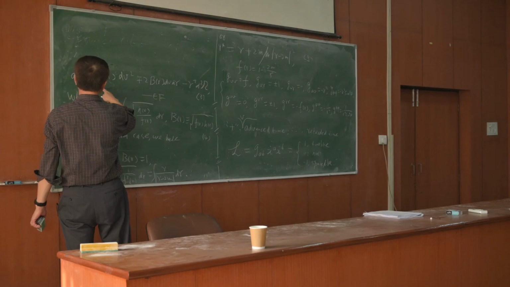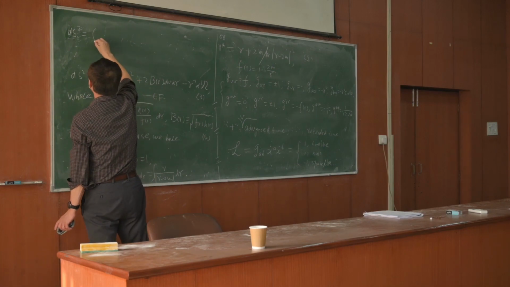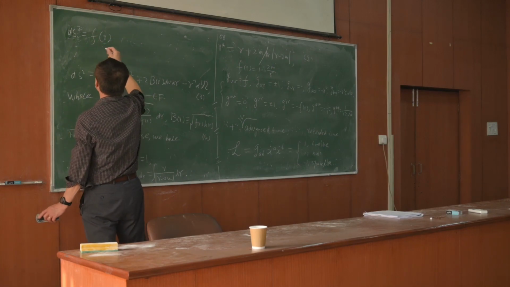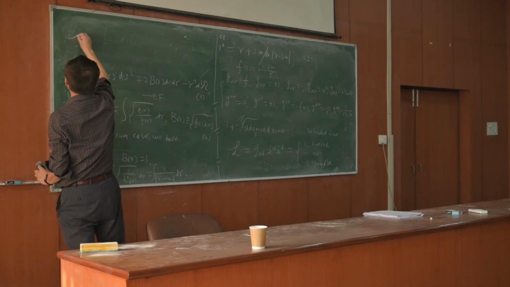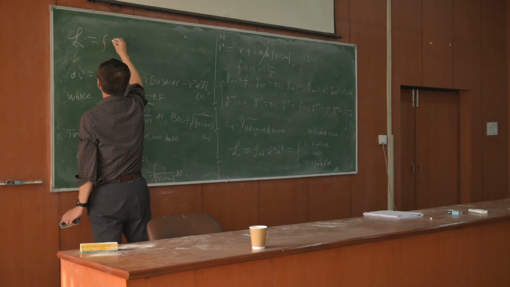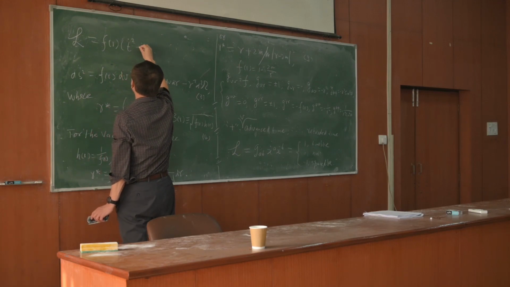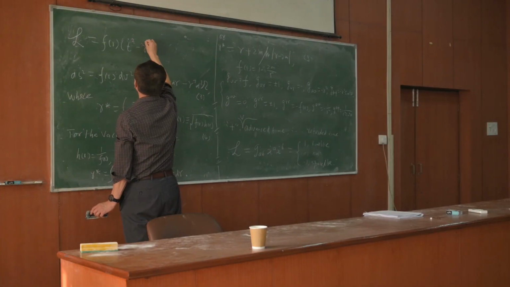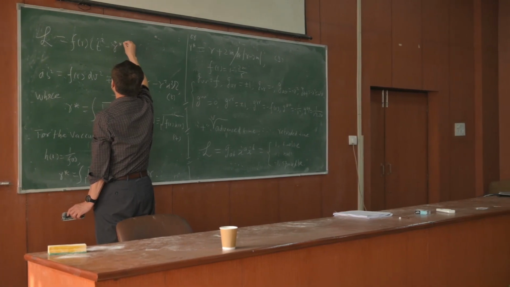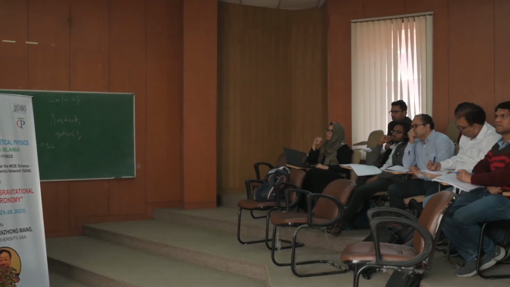Therefore, if we consider this case now, ds squared equals f(r) t dot squared minus r star dot squared minus r squared times theta dot squared plus sin squared theta phi dot squared.